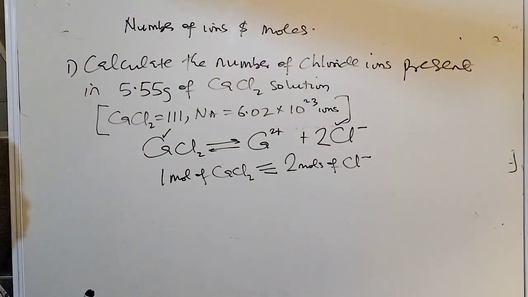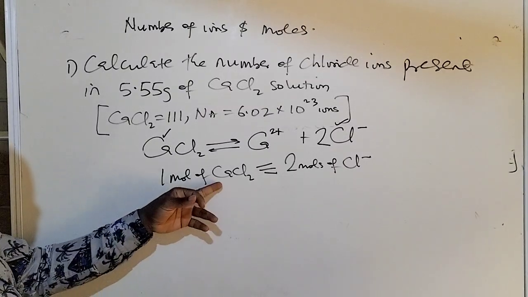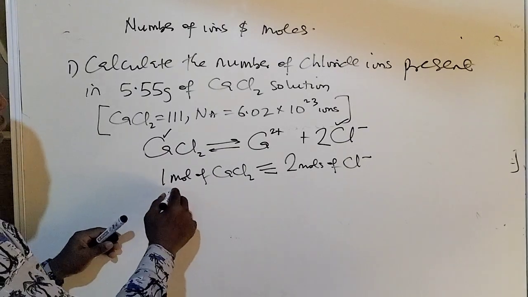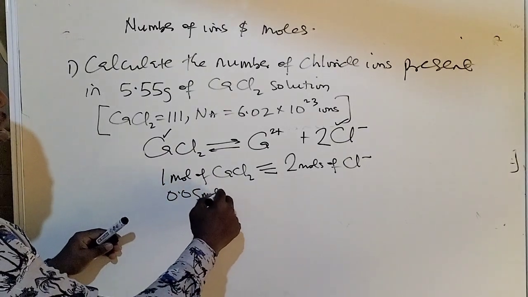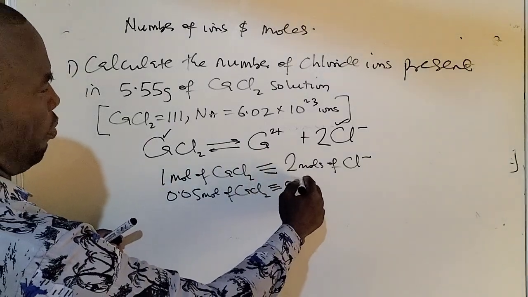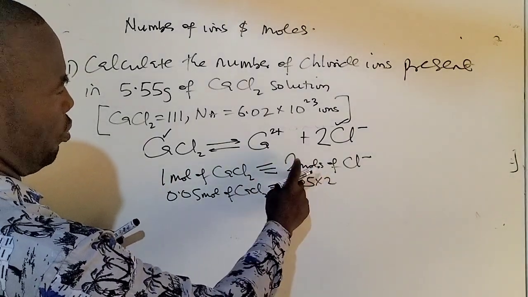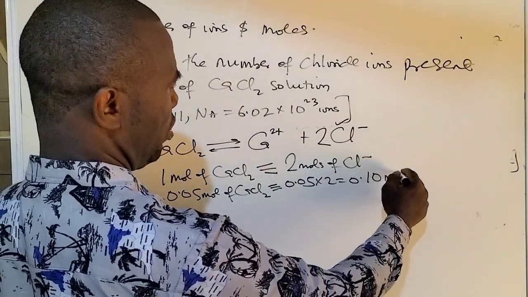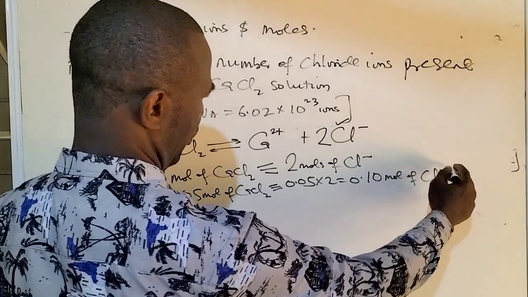From our previous calculation, the number of moles of calcium chloride is 0.05. When I say 0.05 mole of calcium chloride, we now produce 0.05 times 2. That gives us 0.10 mole of chloride ion.